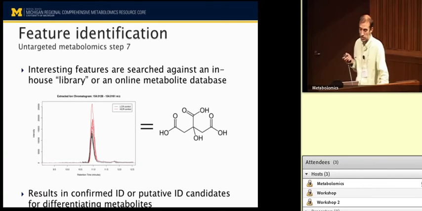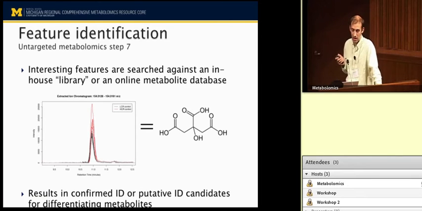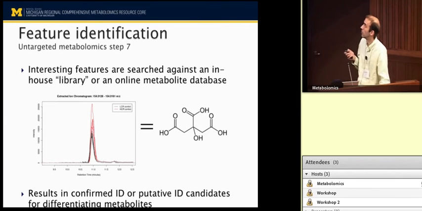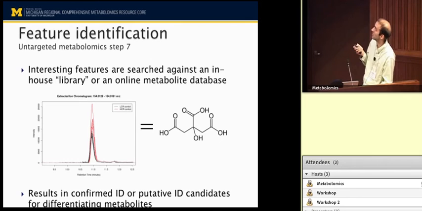And so we're going to try to go from that feature using, again, the information that we already have, the mass to charge, the retention time, and any other information that we know about your sample, and additionally, sometimes other work. And we use other available resources, such as an in-house library or an online metabolite database search. Maureen already mentioned Metlin and HMDB, to try to come up with guesses as to what that metabolite could be.